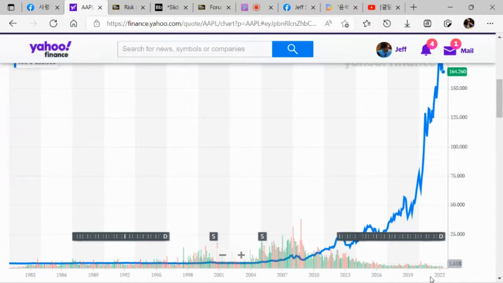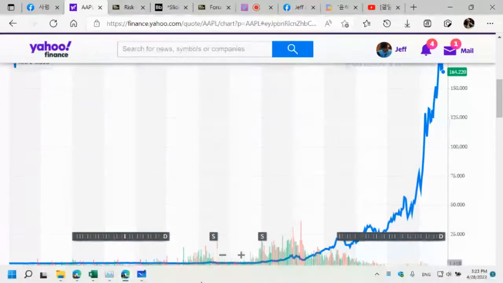Okay, so think about it. Suppose currently you have a stock that is $100, and let's say the stock went through a stock split. If this stock had a 1 to 10 split, what does that mean?